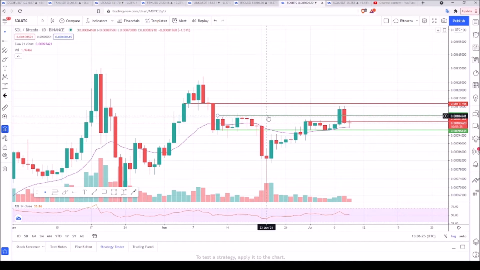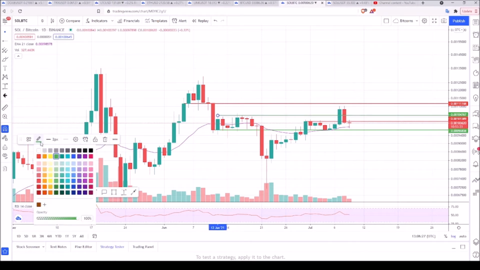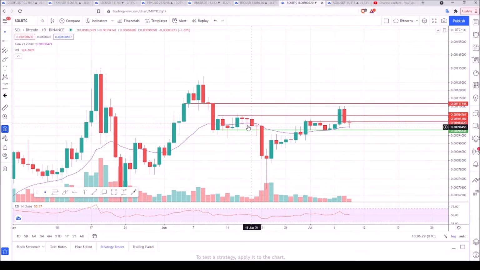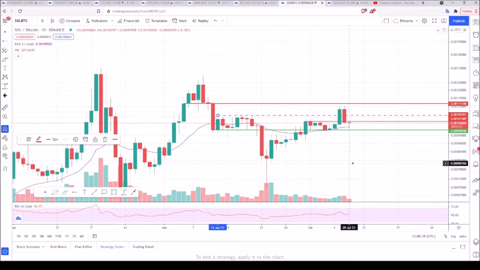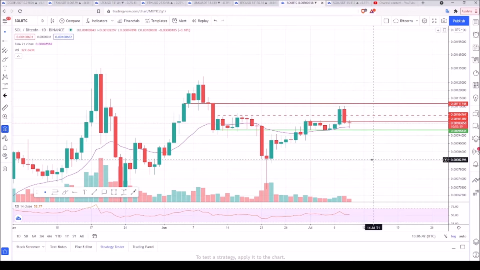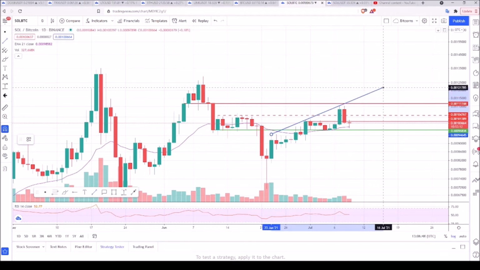So I think that's fair enough, but if you're looking at the top of this, you're really discounting the fact that this most recent price action has really stalled out down here. So I don't like it as much. You might mark it as some kind of interim resistance if you really want to, but the meat of this is to say that if you're looking at Sol, you're looking at a series of higher highs right now.